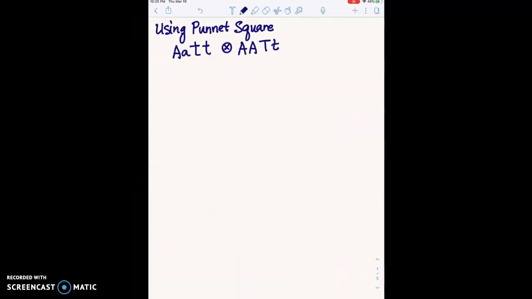Okay, so I'm doing the same problem but using the Punnett square method, and so again we have the parents, big A, little a, little t, little t, and big A, big A, big T, little t. You're going to need to figure out the gametes for this parent, and the gametes are going to be big A, little t, and little a, little t, and then this side gametes are going to be big A, big T, and big A, little t.